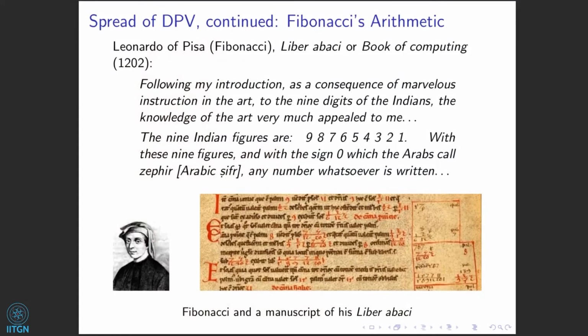So this continued, eventually penetrating into European mathematics in the early 13th century work of Leonardo of Pisa, who points out that he learned among Arabic mathematicians and commercial calculators that he was introduced to the 9 digits of the Indians, that is these 9 figures, and which, when combined with this sign 0, or zephyr or cipher, from Arabic, from Sanskrit shunyam, any number whatsoever can be written.